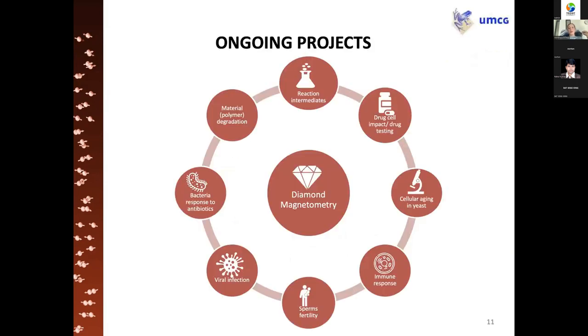So now there are a lot of different projects ongoing in my group where we make use of this. I would just like to show you a few. For instance, we are using this technique to measure the impact that certain drugs have on a cell, or to test whether a certain drug is working. Like a cancer drug or an antibacterial drug, they are causing a stress response by the cells.